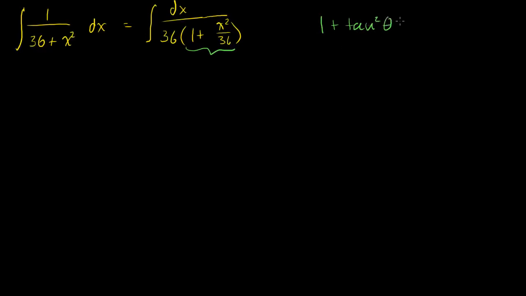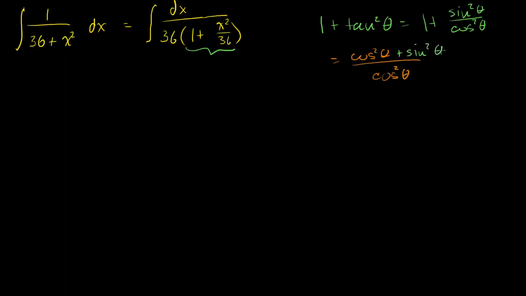Tangent squared of theta, by the definition of tangent, is sine squared of theta over cosine squared of theta. Now 1 is just cosine squared over cosine squared. So I can rewrite this as cosine squared of theta over cosine squared of theta plus sine squared theta over cosine squared of theta.